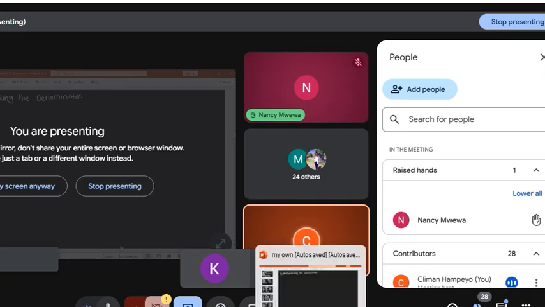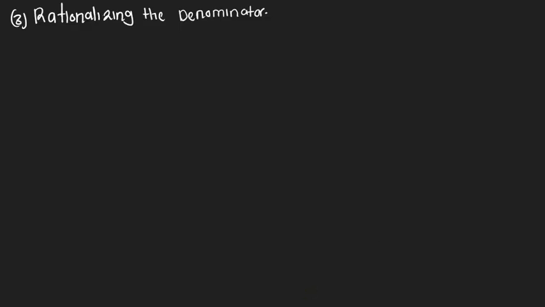Okay, so right now we need to work with the denominator. Rationalizing the denominator, I'm going to show you what they mean. Pay attention here, this is where questions will come from mostly.